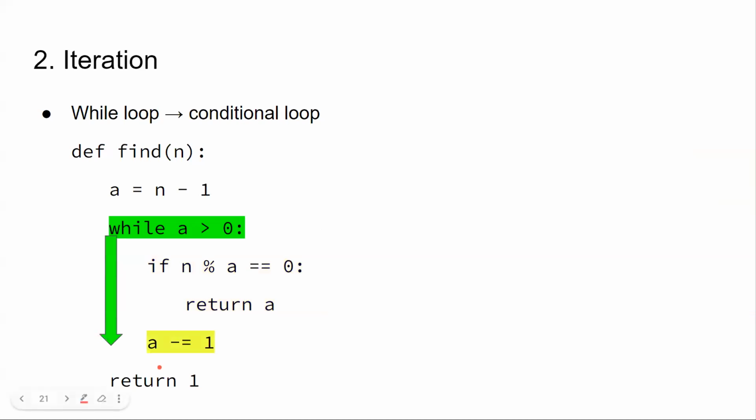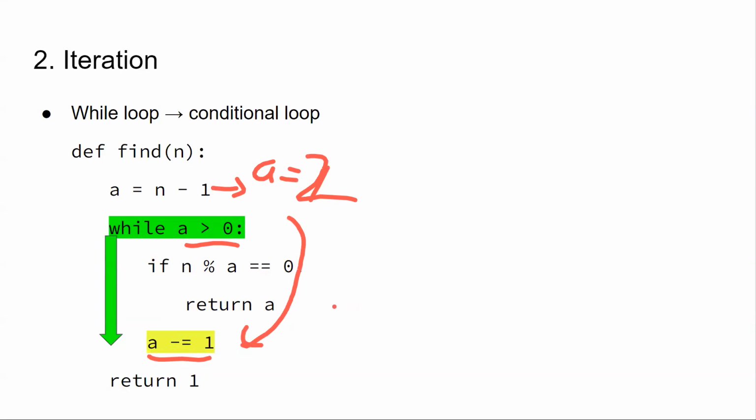So you have this, and it's going to gradually stop the while loop from running infinitely. For example, if I got a is 2, before running this I still check the condition. Obviously it's greater than 0, so it runs through the body of the loop, and then you hit the a minus equal to 1, and then a is 1.